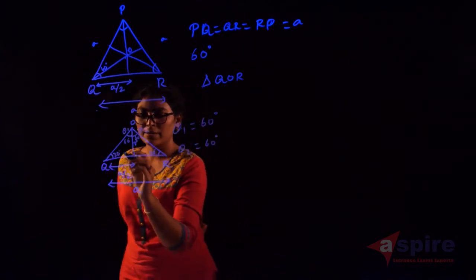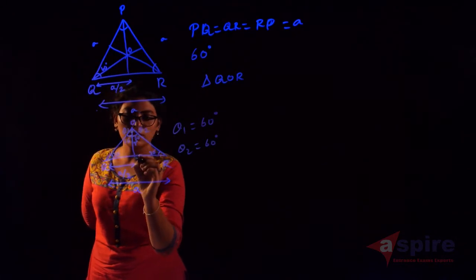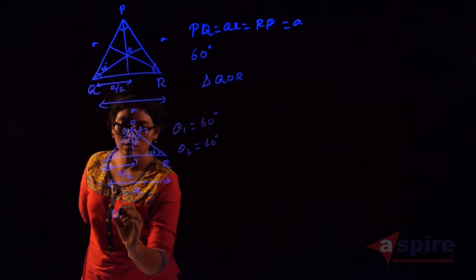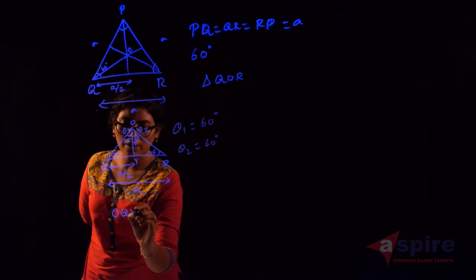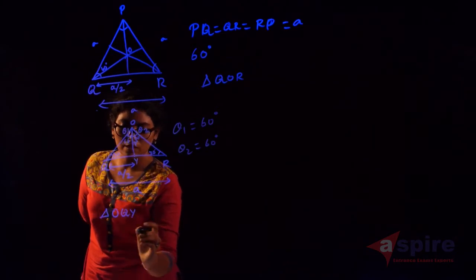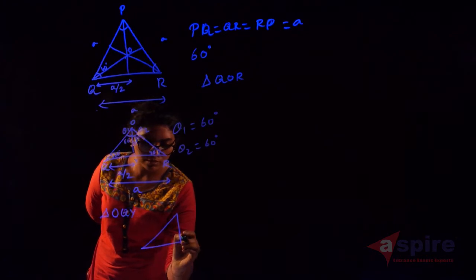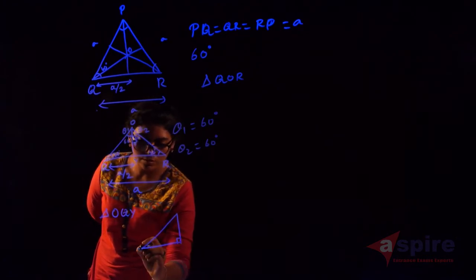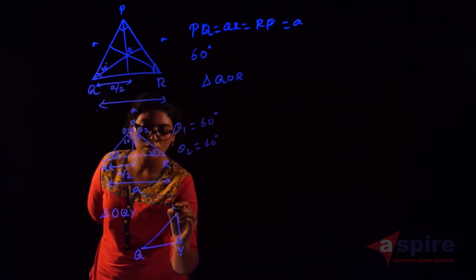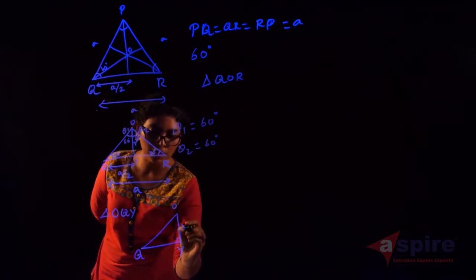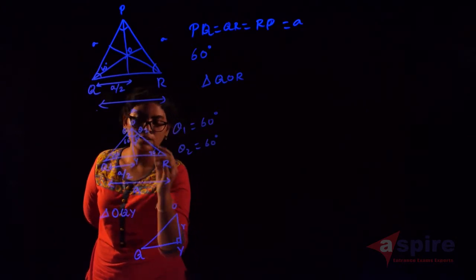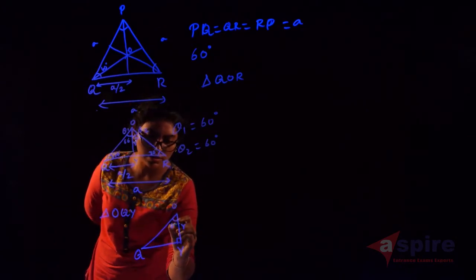Now let us consider triangle O, Q and Y. This is a right angle triangle. Q, Y and O, and this distance is R, and you have angle here, that is 60 degree.